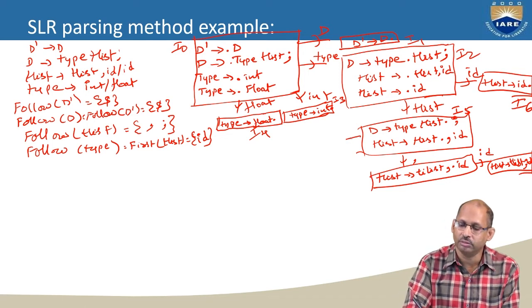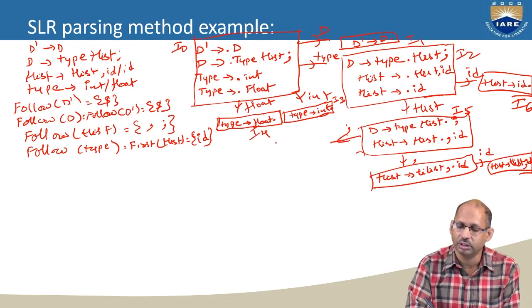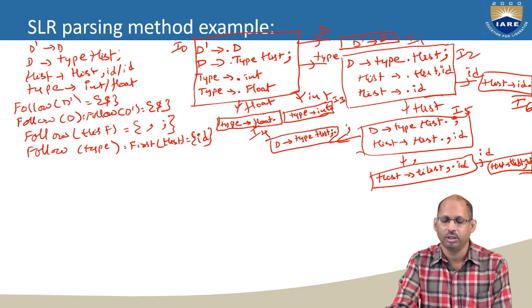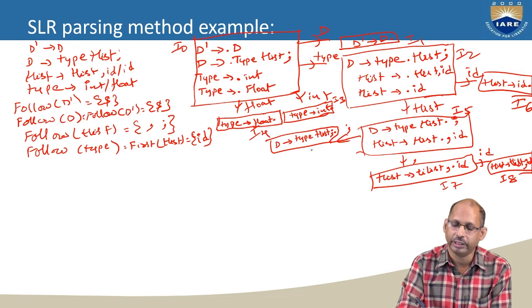On semicolon, what does it give? D gives type T list semicolon dot. So I5, I6, I7, I8, I9.